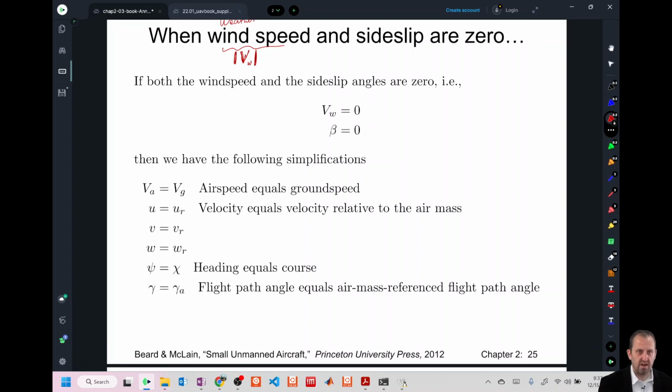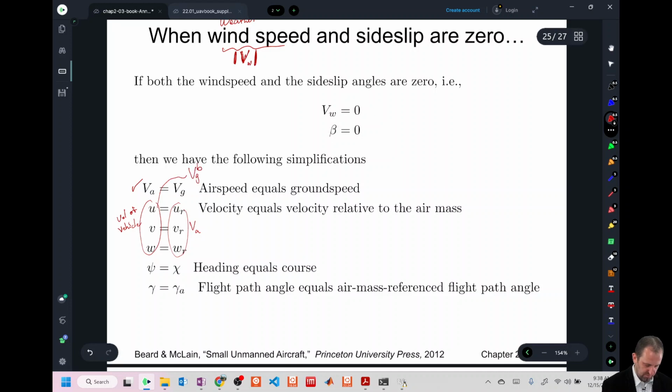That our airspeed is going to be equal to the ground speed, that the velocity of the vehicle are just going to be the velocity. This is the same relationship as the velocity of A.